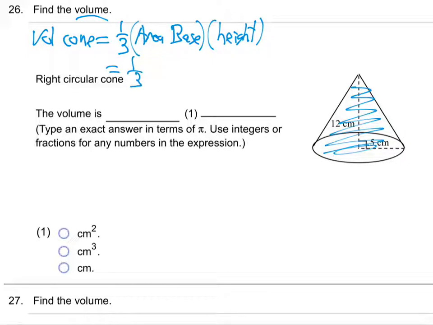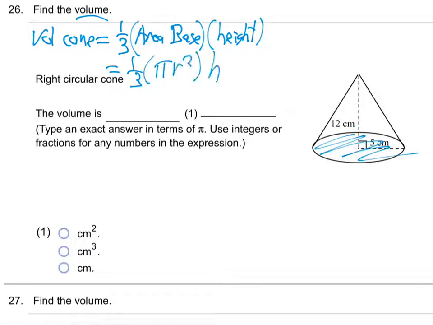What's the area of the base? What is on the ground floor there? What is the base? Circle. So it's 1/3 pi r squared h. That's the actual formula right there. I'm just giving you the reason why. So the volume then equals 1/3 pi r squared h, because the base is a circle.